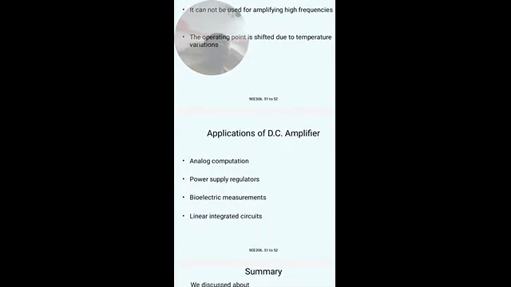Applications of direct coupled amplifier are analog computation, and they are used in power supply regulators.